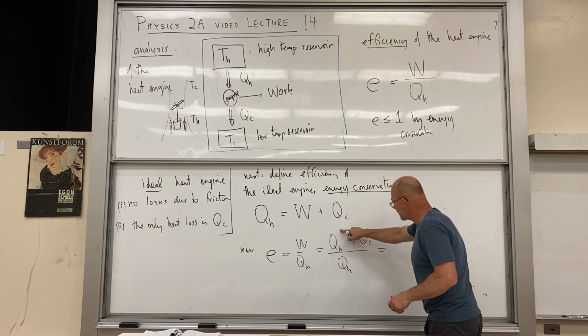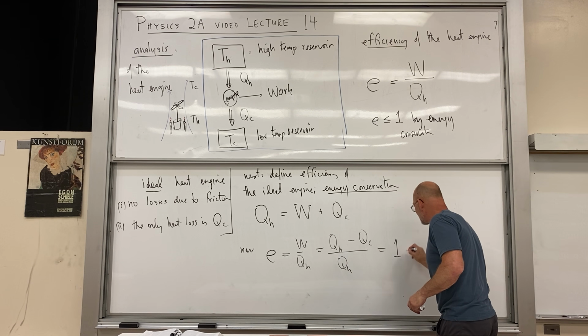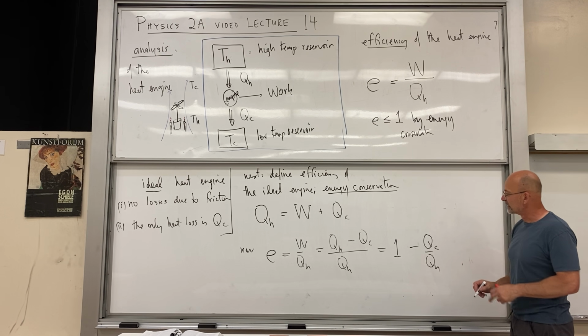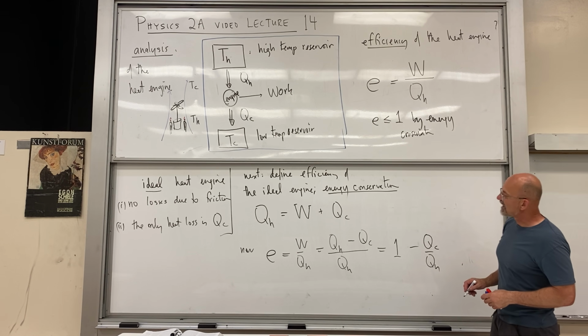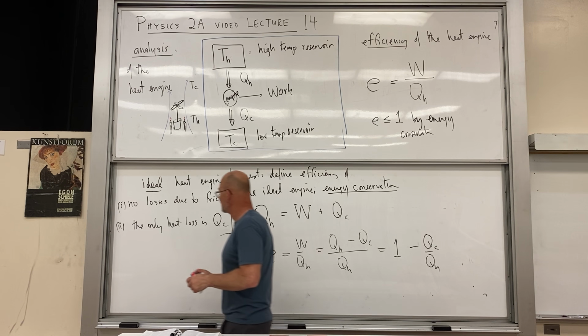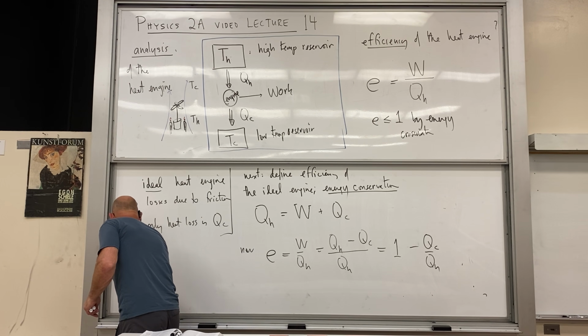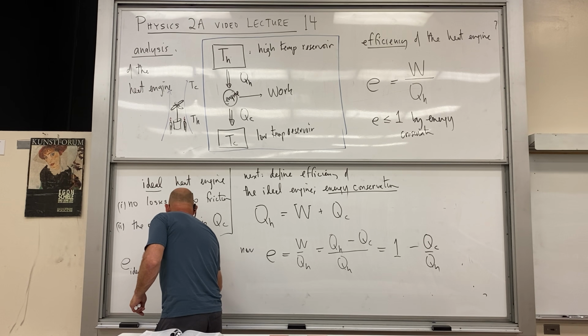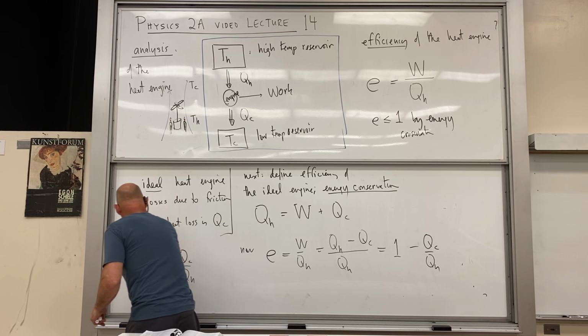And then by arithmetic, QH over QH is 1, minus QC over QH. So there's our efficiency, and I'm going to highlight it here. E sub ideal equals 1 minus QC divided by QH.